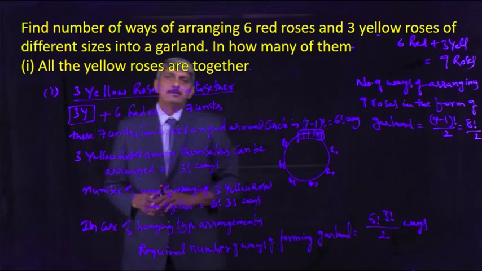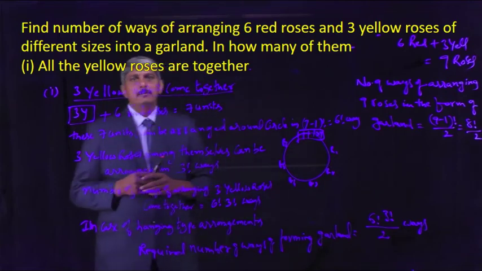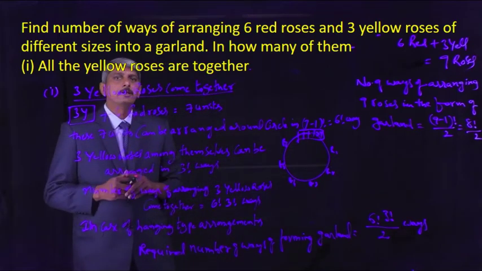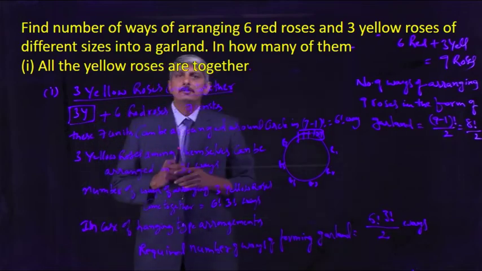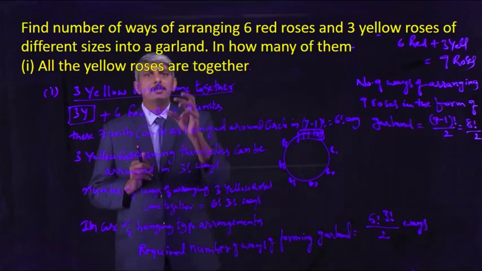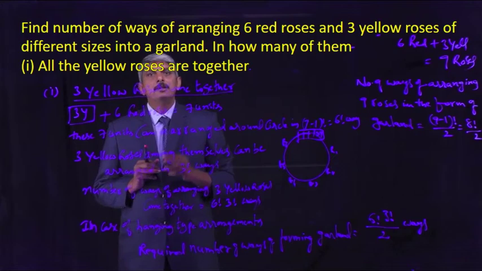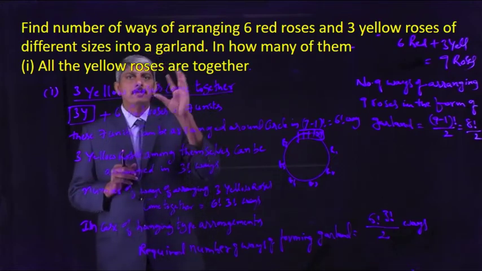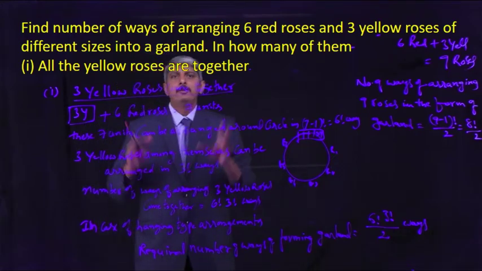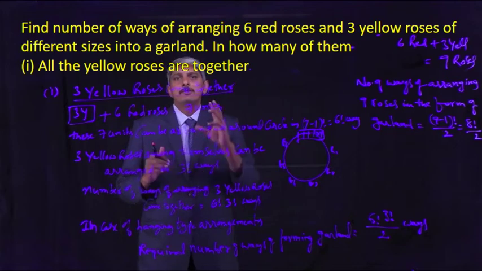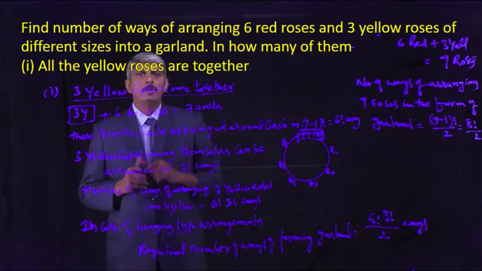So first we calculate the number of circular permutations, but in the case of hanging type arrangements, the clockwise arrangement seen from one side is the anti-clockwise arrangement seen from the other side. Therefore, in this case, the number of circular permutations is n minus 1 factorial divided by 2.